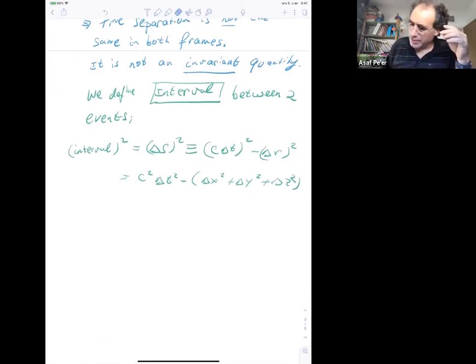Anyway, the interval is conserved. Now there is a close analogy.